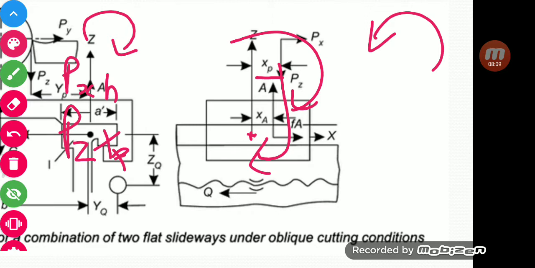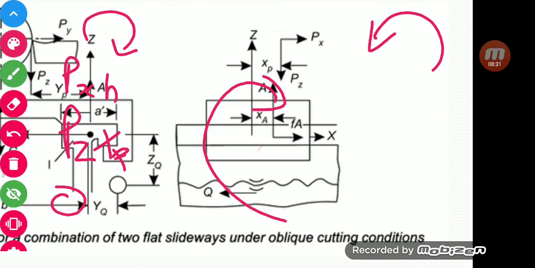Now let us see what are the other components here. The other component appears to be the component from q. The q again gives about the y-axis a clockwise moment. So you have q multiplied by the distance, and that distance here is zq, which has been given in this diagram: q multiplied by zq.